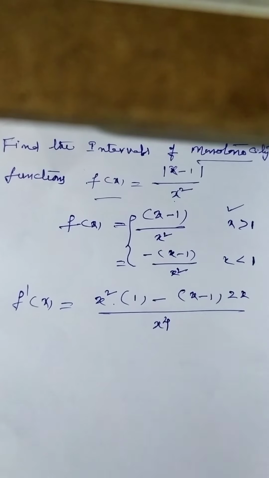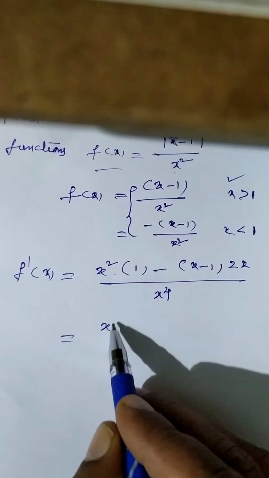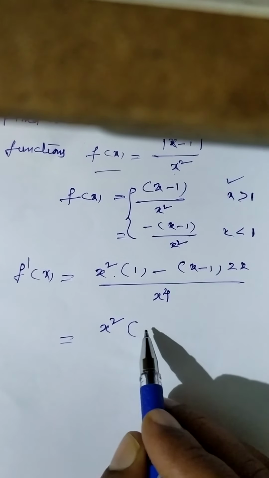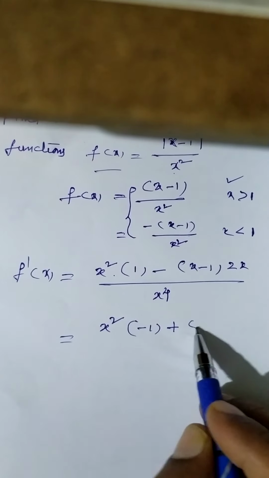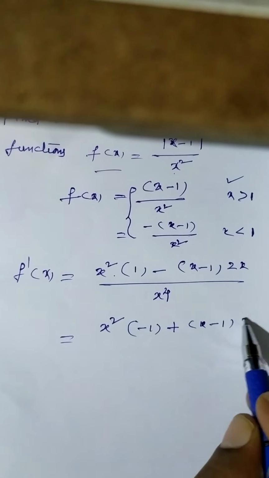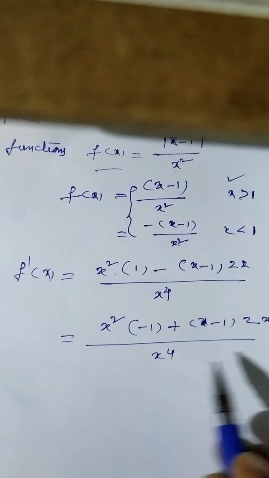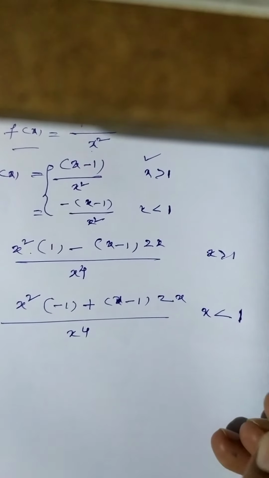This is the case when x is greater than 1. In the same manner, applying the same rule for the second case, x square into minus 1, minus of minus plus x minus 1 into 2x, whole by x power 4. This is for the x less than 1 case.